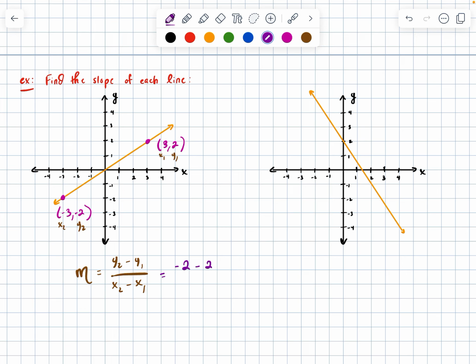So y2, I've labeled as -2, minus y1, which is 2, over x2, which is -3, minus x1, which is +3. If I simplify, -2 minus 2 is -4, divided by -3 minus 3, which is -6. -4 over -6 reduces to +2/3.